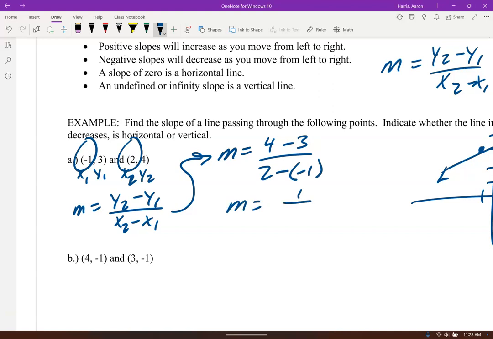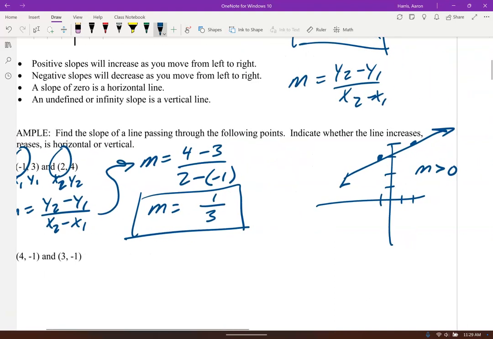So we got 1 over 2 plus 1 is 3. So our slope is a positive 1/3, meaning this goes up 1 for every right 3 it goes, right? Up 1, right 3.